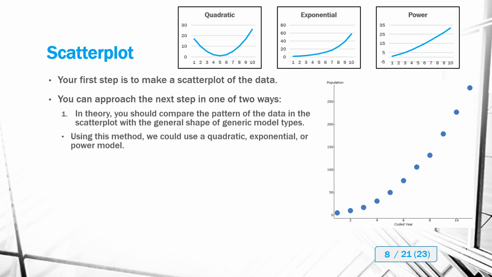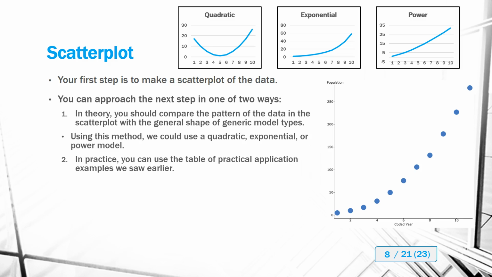This could be a quadratic model, it could be an exponential model, and it could be a power model. So, in theory, we'd make each one of these different model types, we'd compare the R-squared values, and then we'd look at the scatter plot, make sure it had good fit, and then we'd use sound judgment to figure, okay, does it make sense that we would use this model for modeling this data?